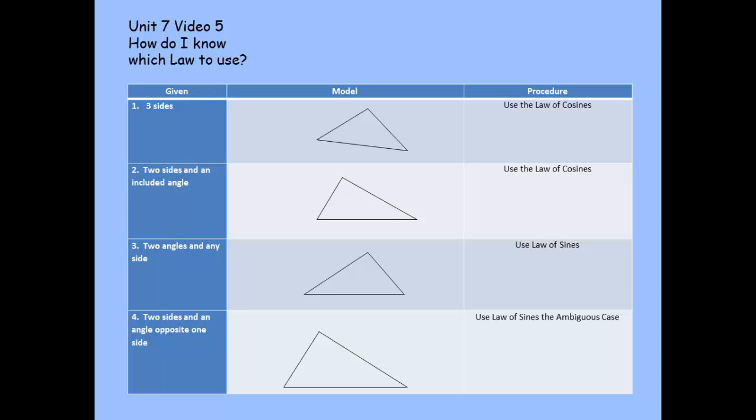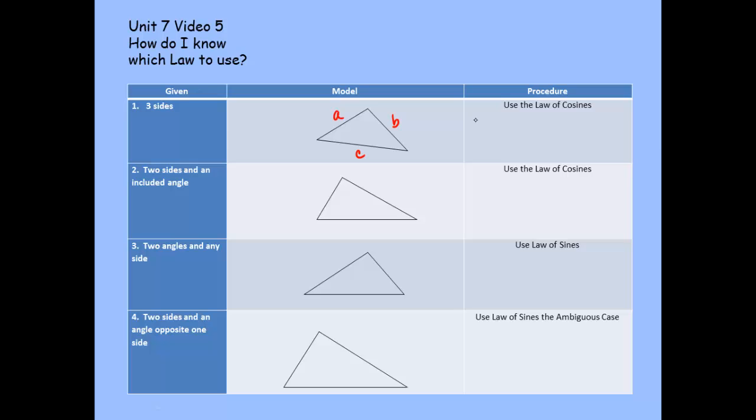All right. So you've got this chart. It looks pretty similar to mine here, and it starts with a triangle, and I'm going to give you 3 side lengths. So if I know the 3 side lengths of a triangle, then I'm going to be using the law of cosines. And when we use the law of cosines, we will always start with the longest side given.